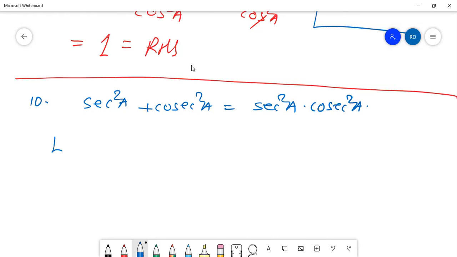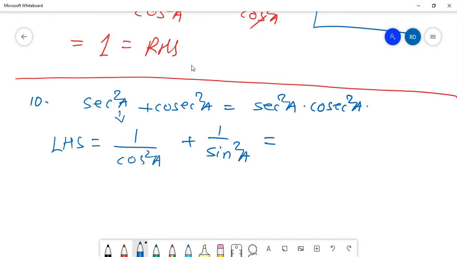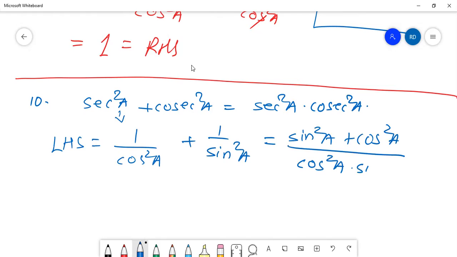So the same drill we have to use. LHS is equal to, directly convert this as 1 upon cos square A, and convert this as 1 upon sin square A, right? So this is a very simple question. Looks very difficult, but actually very simple it is. Sin square A plus cos square A, by cross multiplying, upon cos square A into sin square A, which will give you 1 as the numerator.